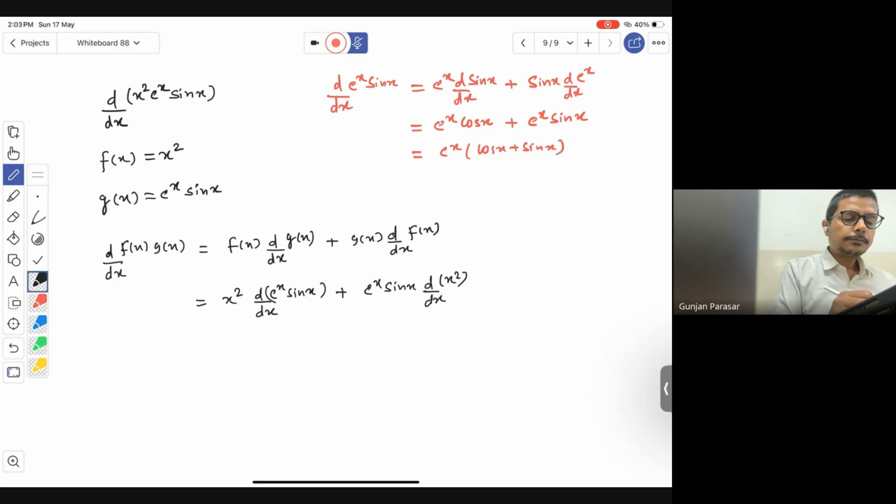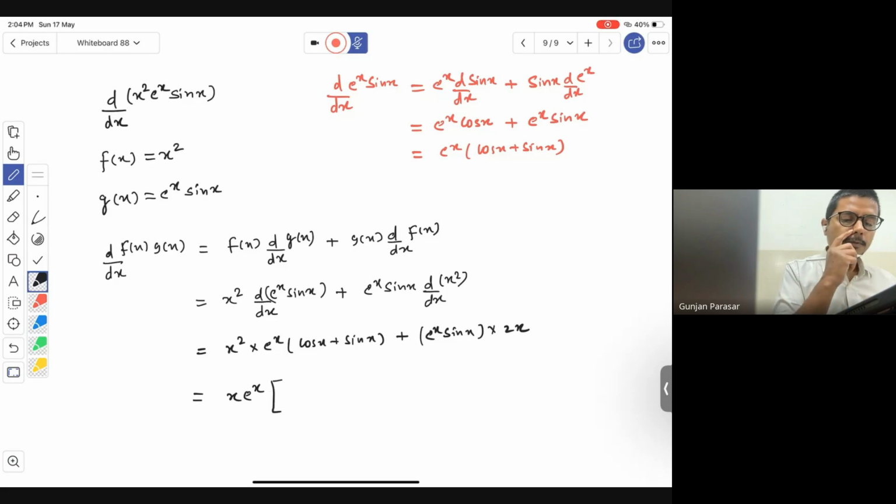So here, the differentiation of e power x into sin x, we will substitute here: it's e power x into cos x plus sin x. And differentiation of x square is what? 2x. So e power x sin x, this entire thing into 2x. So from every term, you see, we can take out common x into e power x.